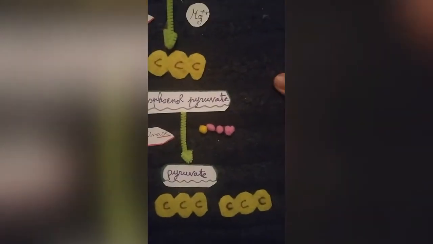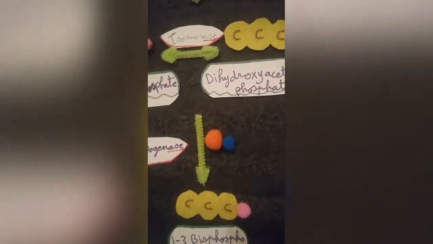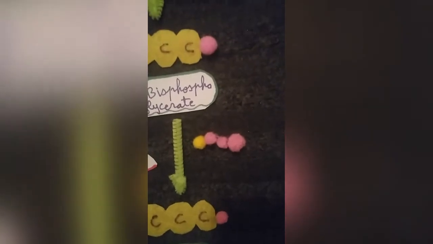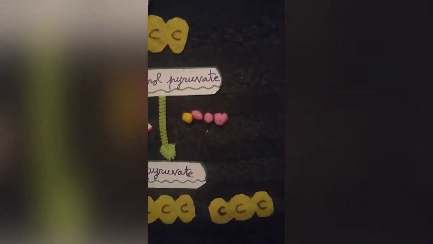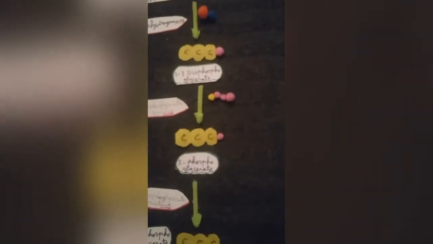And here we will get 2 pyruvate at the end. So we will multiply the NAD here by 2, and the ATP here we will multiply as well by 2, and the other ATP we will multiply by 2. So now we have 4 ATP: 2 from here and 2 from here.